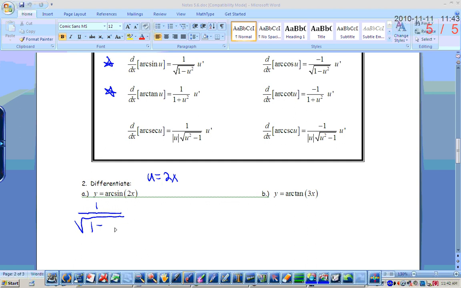What's the quantity u squared going to be? Either 2x in parentheses squared or 4x squared. I don't care how you write it, but if you write it as 2x, the quantity squared, make sure you've got parentheses around 2x. And then I need to multiply by what? 2. And you're done. Yeah, I mean, if you memorize the formula, it's not hard.